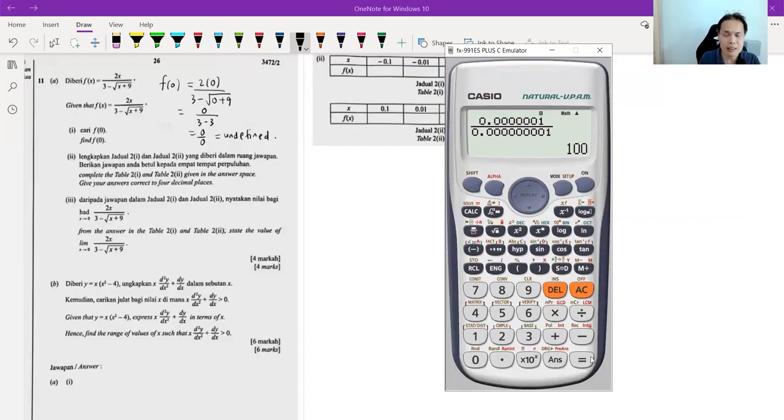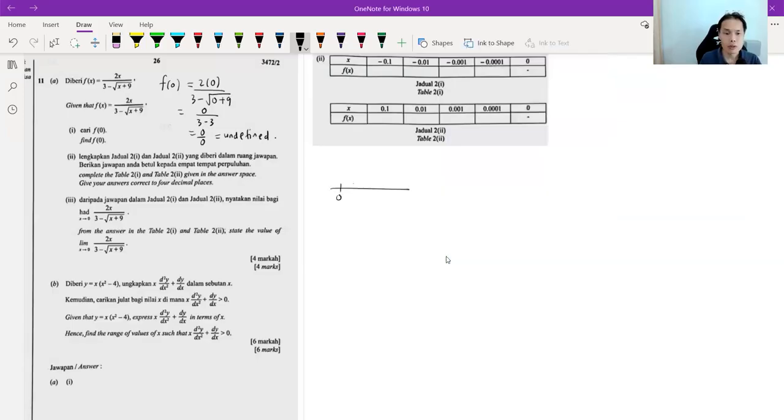We don't know exactly what the value is, right? Because a number close to 0, like 0.1 is close to 0, 0.01 is closer to 0, 0.001 is even closer to 0. The more zeros you have, the closer it is, right? But when you divide a number close to 0 with a number close to 0, we don't know exactly what it is. It is actually undefined. It's not 0, it's not 1, it's undefined. Okay, second part.